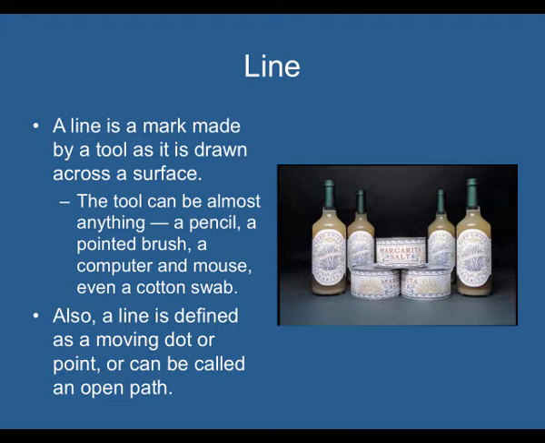So if we think of a line as a tool that's being drawn across the surface, it can be almost anything. It could be a pencil, a pointed brush, a computer and mouse, even a cotton swab.